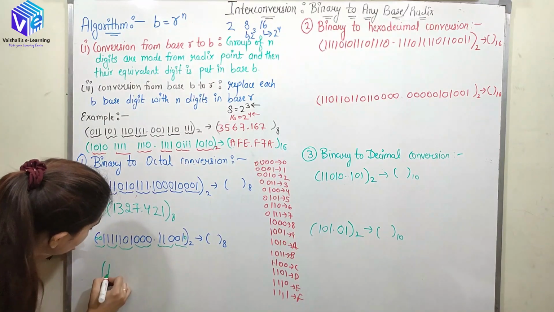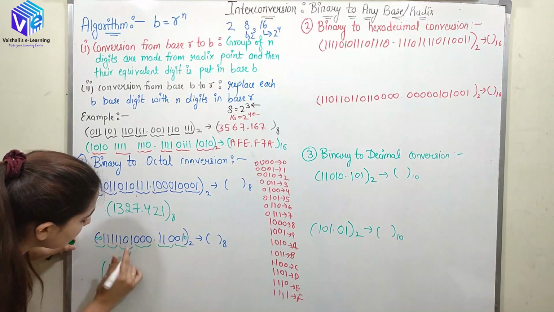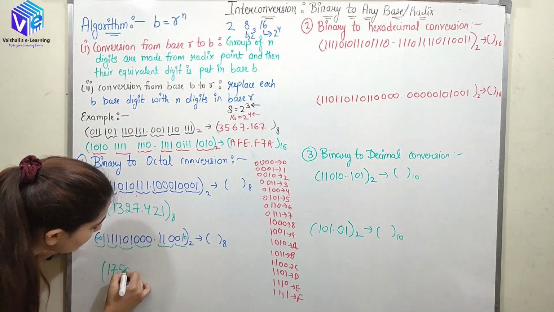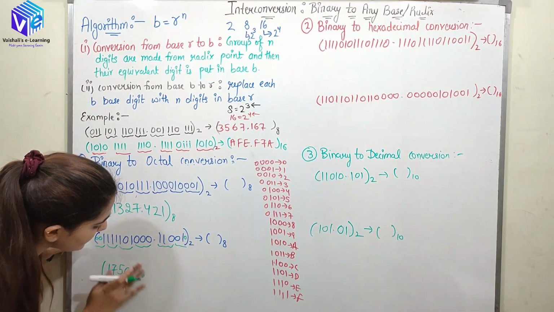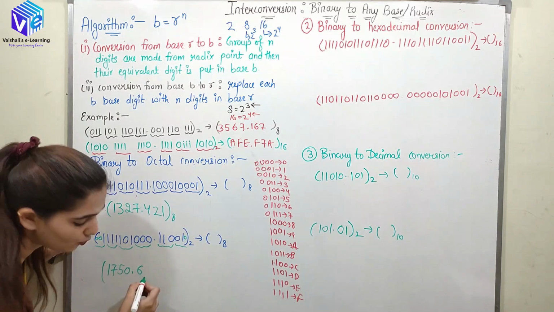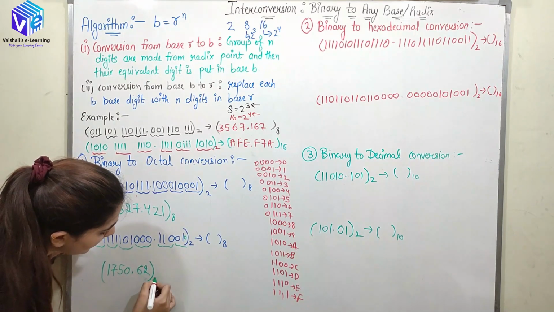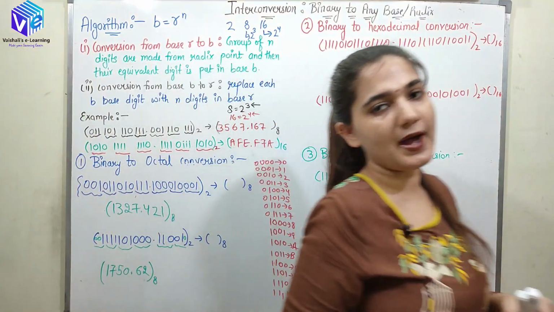So 0, 0, 1 represents 1. Then we have 1, 1, 1 which represents 7. 1, 0, 1 represents 5. 0, 0, 0 represents 0. Then we have 1, 1, 0 which represents 6. Now after that we have 0, 1, 0 which represents 2, right? So this is how we can convert from the binary to the octal.